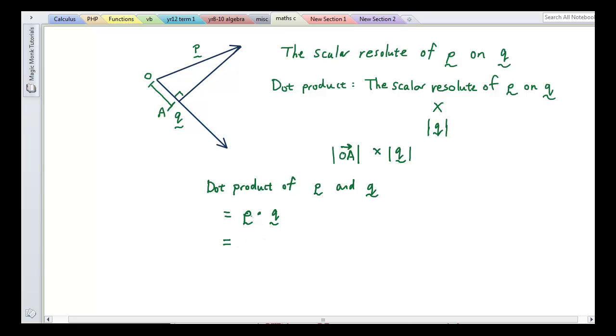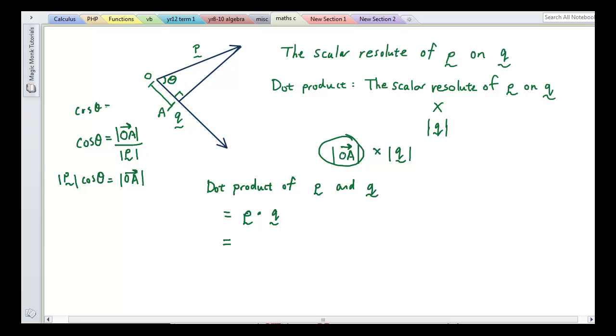And it's equal to this distance here, from here to here, which is also equal to, if I give you an angle here, theta, okay, so cosine theta equals OA over P. Okay, so if I rearrange that equation, then the distance OA is equal to the magnitude of P times cos theta, right? Because that's the adjacent side, that's the hypotenuse.